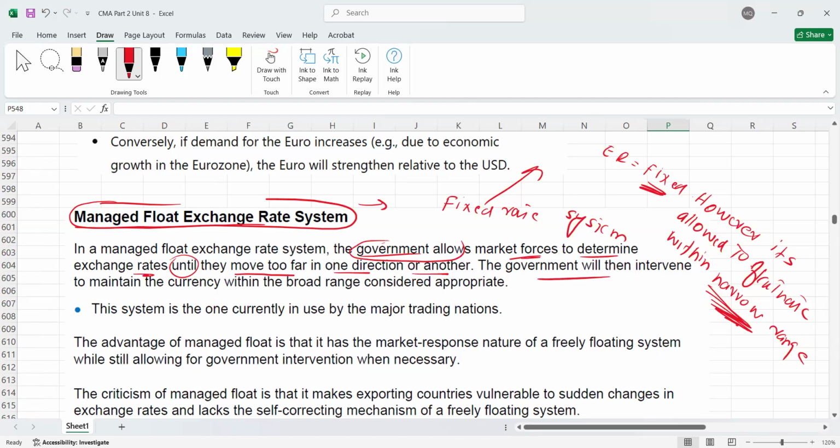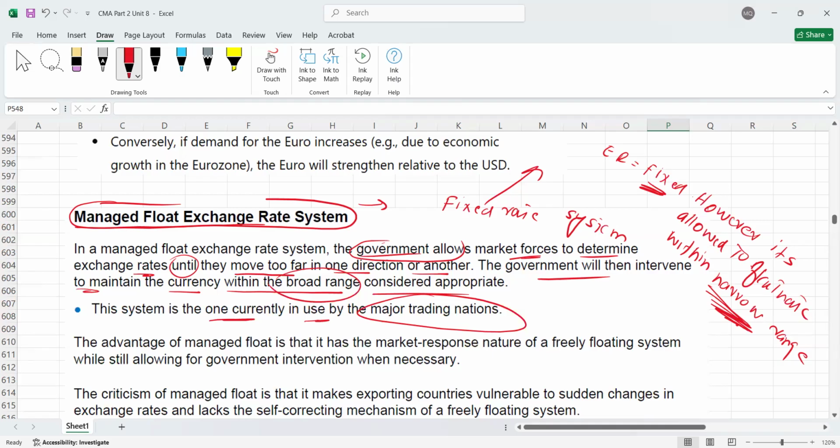If the rates go beyond the range, the government will then intervene to maintain the currency within the broad range considered appropriate. This system is currently in use by the major trading nations. So that is what is called the managed float exchange rate system.